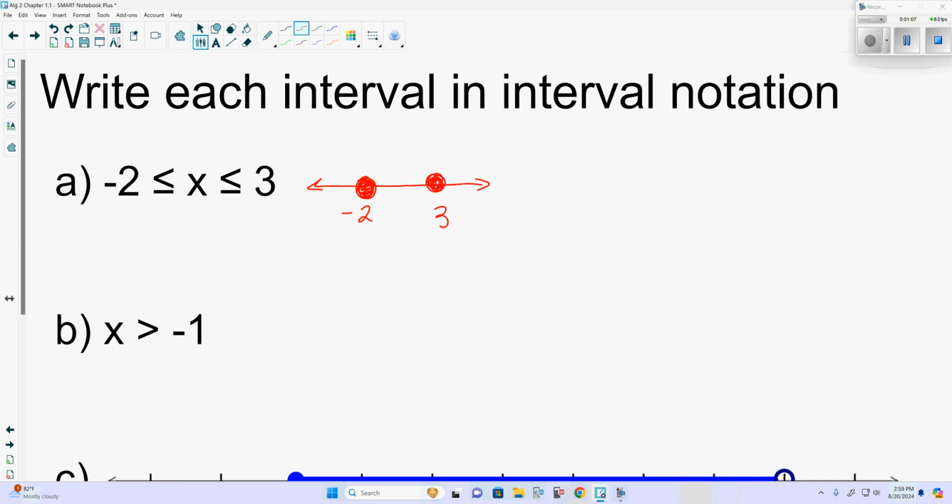So we're saying whatever value x is, it can be any of the numbers between -2 and 3, and we'll include -2 and 3. Now, since x is in the middle, we shade in the middle. Questions on this here?